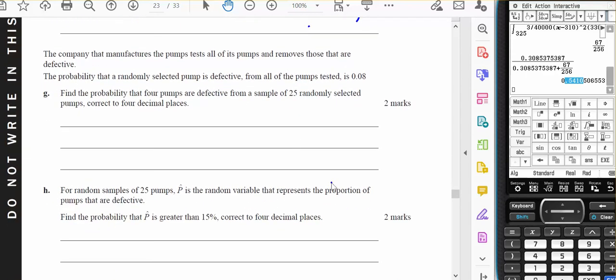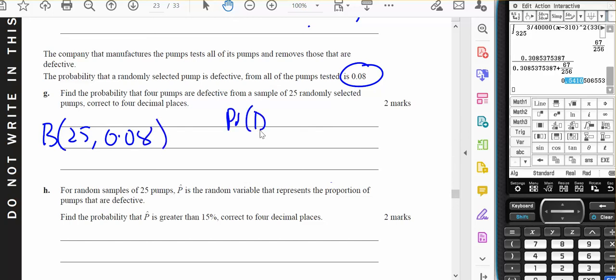In G, the company tests all the pumps to remove those which are defective. The probability that a pump is defective is 0.08. Find the probability that 4 pumps are defective in a sample of 25. So it's going to be binomial, 25, 0.08. I'm looking for the probability that the number of defective pumps is equal to 4.